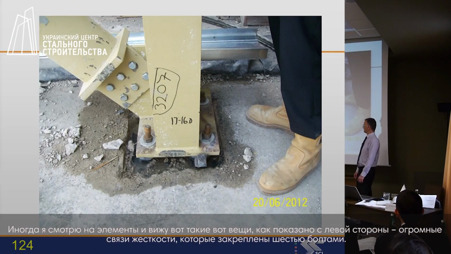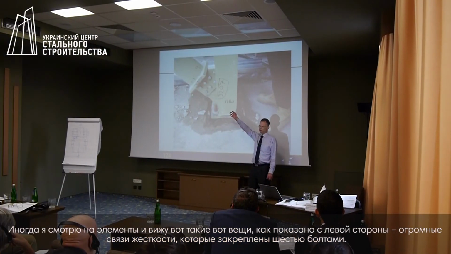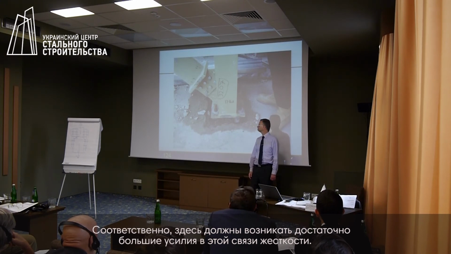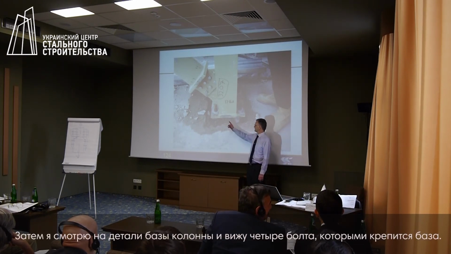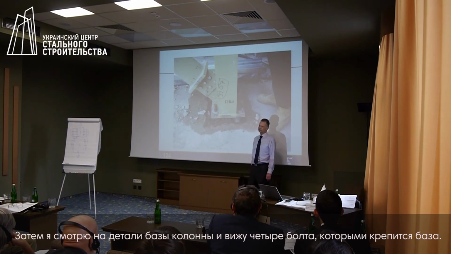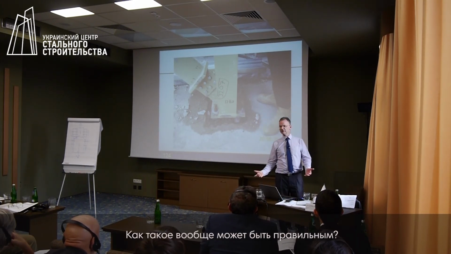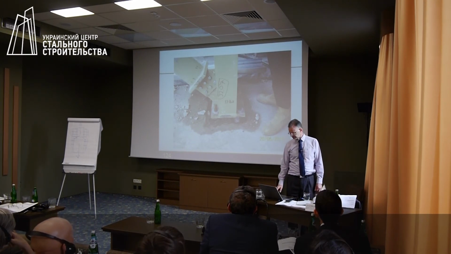Sometimes I look at details and I see on the left hand side a huge bracing with 6 bolts, and therefore there must be a large force in that bracing. And then I look at the detail and I see 4 holding down bolts. How can that possibly be correct?